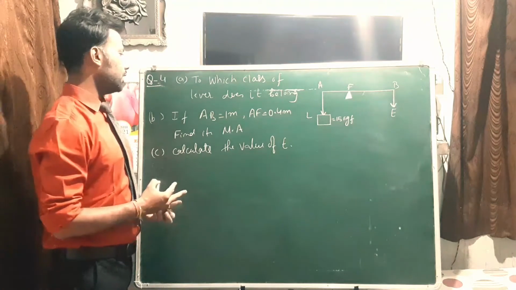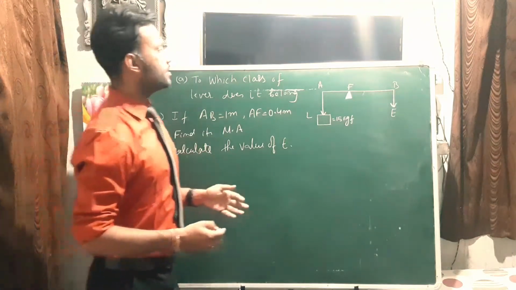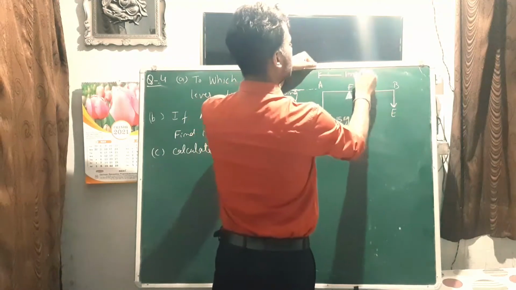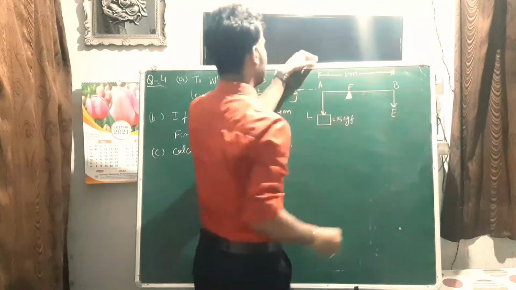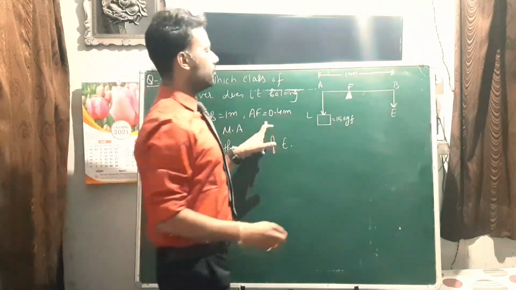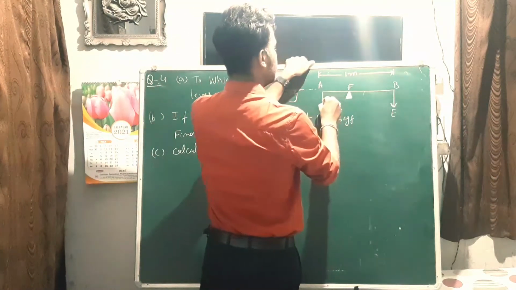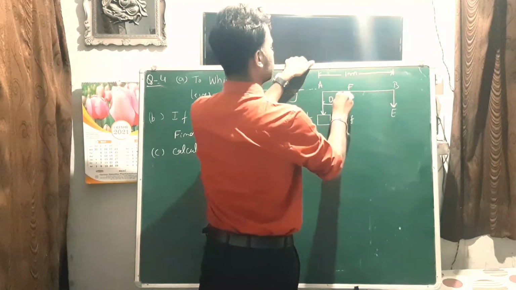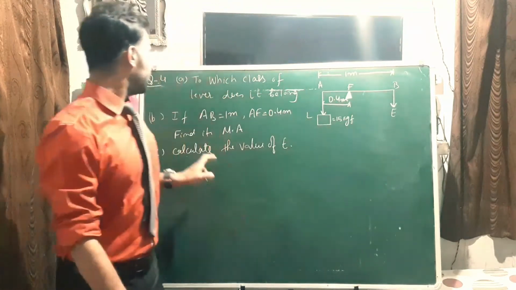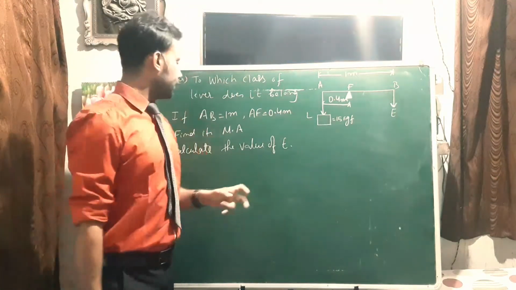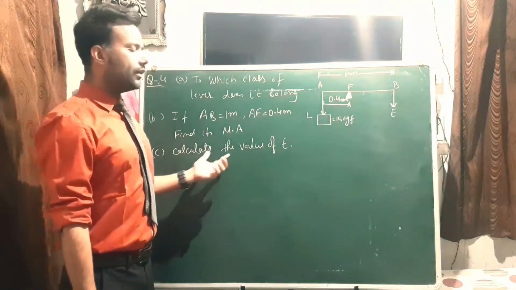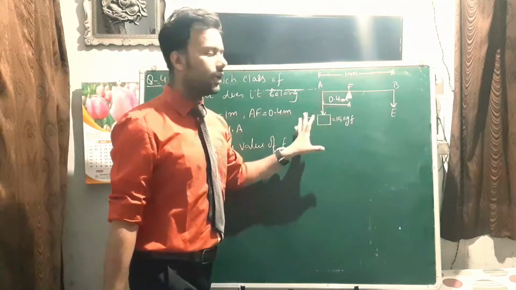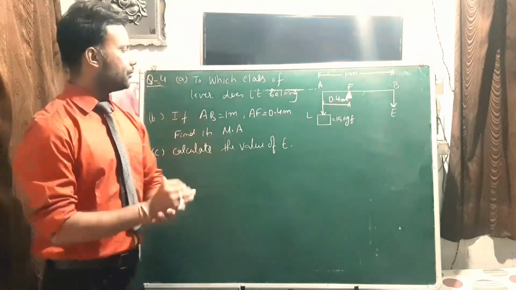Second, if AB is 1 meter and AF is 0.4 meter, find its mechanical advantage, and third, calculate the value of E, that is effort, if the load applied on the point A is 15 kgf, right?